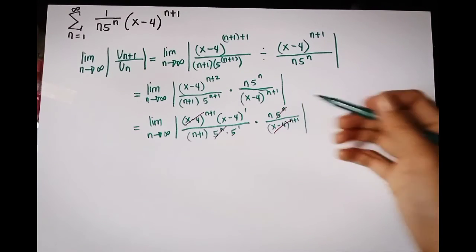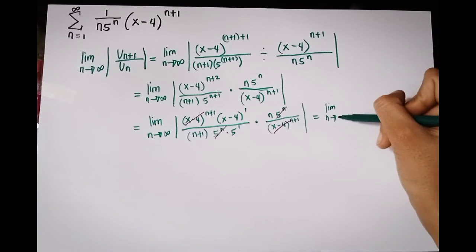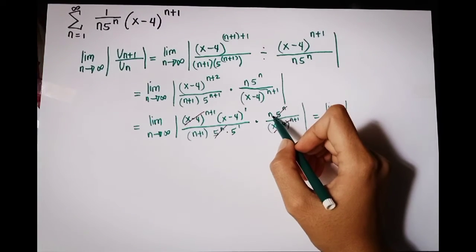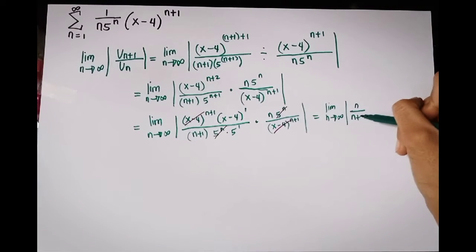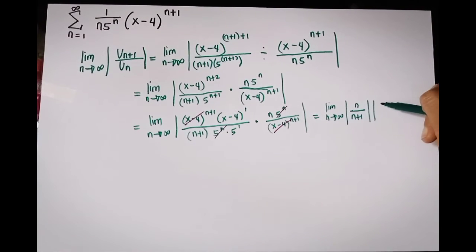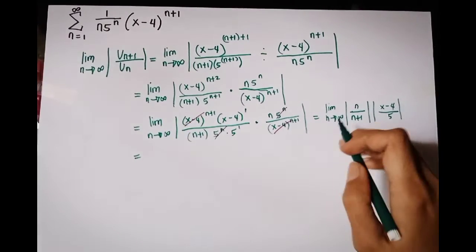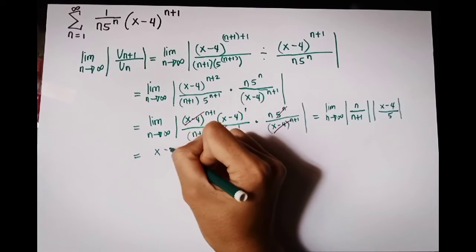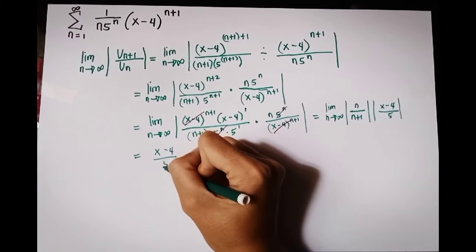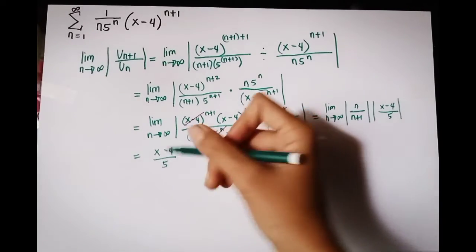So we only have left the limit as n goes to infinity. I will separate this n term: n over n plus 1 times the absolute value of x minus 4 over 5. The limit of n over n plus 1 is 1, so we only have left the absolute value of x minus 4 all over 5. We get this limit.